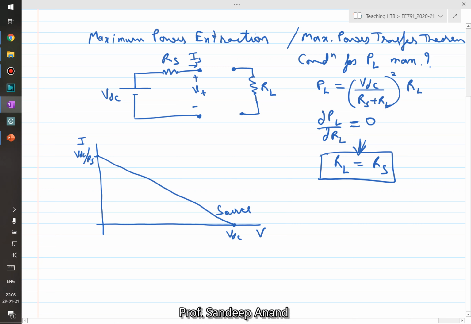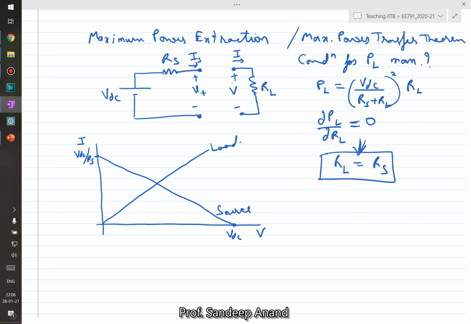So this is the source characteristics, and the load characteristics is something like this. It's just a resistance, so if I call this the current and this the voltage, you can see it will have a positive slope. On the other hand, the source characteristic has a negative slope. The maximum power condition was RL equal to RS.